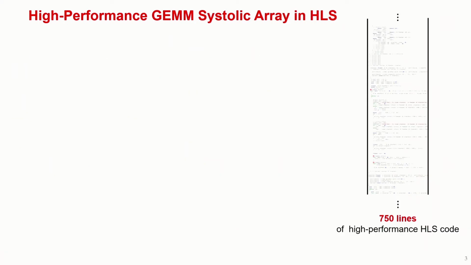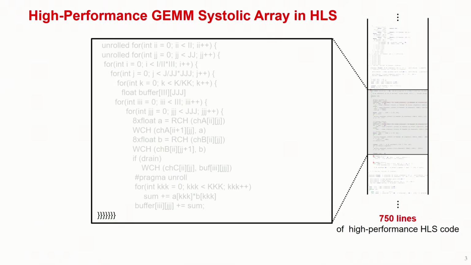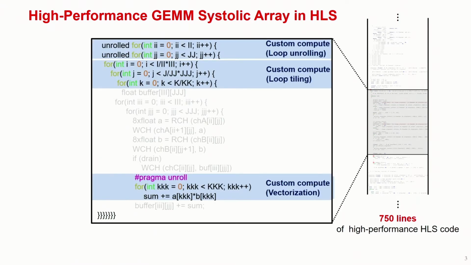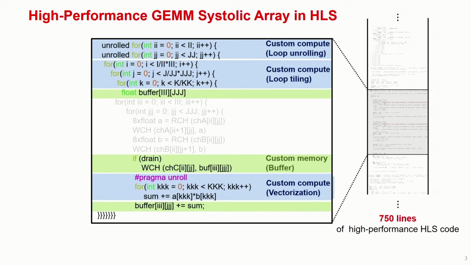Now if we look at the HLS code for this high-performance GEMM systolic array, it consists of around 750 lines of code. If we zoom into a small portion of this code, we can find that it consists of compute customizations like loop unrolling, loop tiling, data vectorization, and memory customizations in the form of buffers.